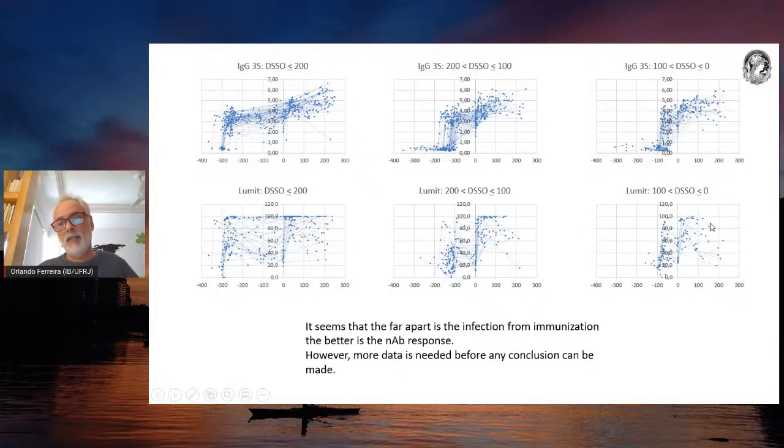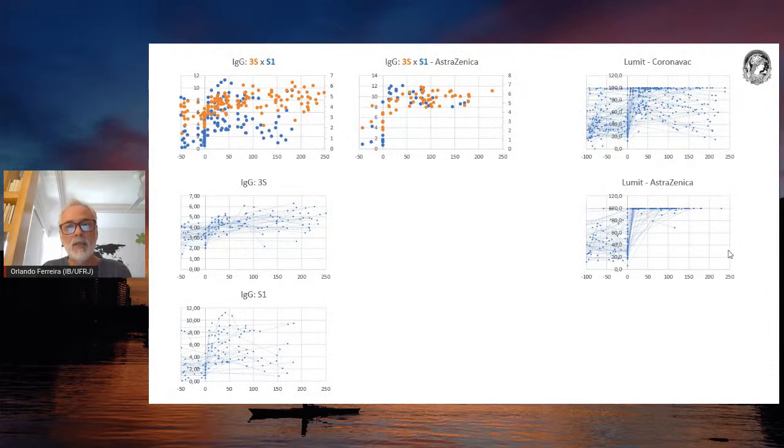Some have lost it, but you see in this case that for the individuals infected about 100 days before immunization, the sustained level of neutralizing antibody is not quite good, and most of the individuals' levels decay. So I will skip this slide because it's just to show some data.